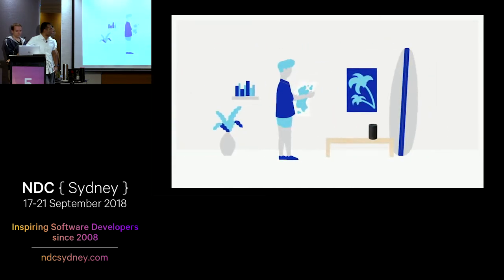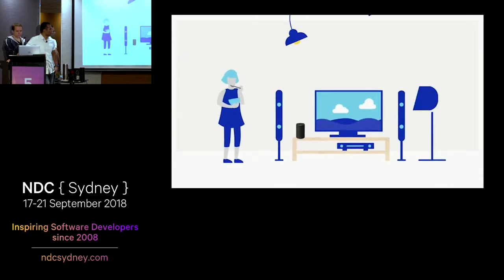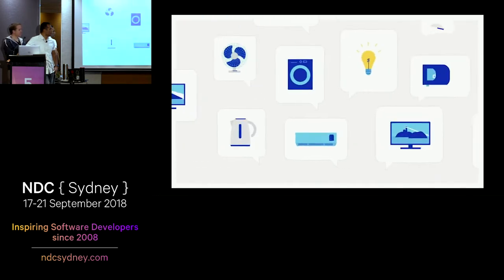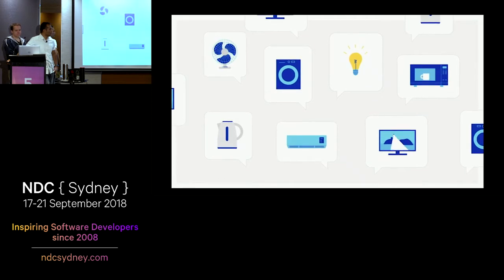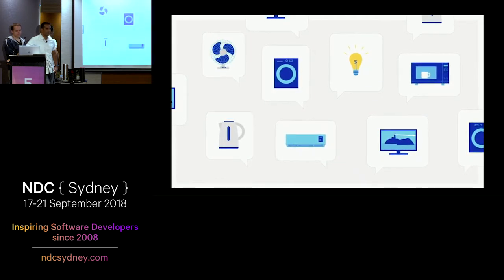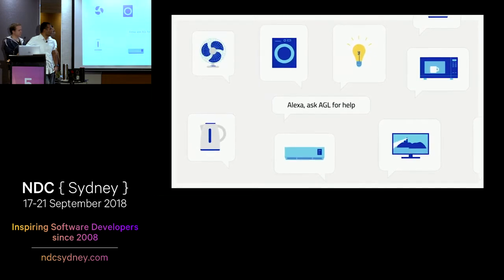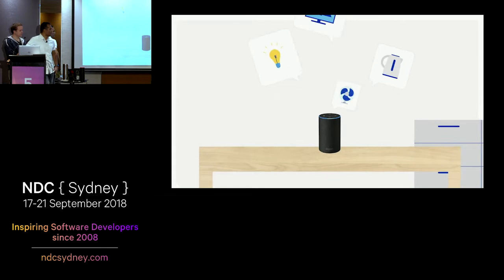Going on holiday and want to make sure you don't miss paying your bill? Alexa, ask AGL when my payment is due. Or wondering how you can save on energy? Alexa, ask AGL for an energy tip. There are over 70 energy saving tips for around the home. And if you're ever stuck on what to ask or how to ask it, simply say, Alexa, ask AGL for help. We're continually adding voice features to help you easily manage your AGL account.